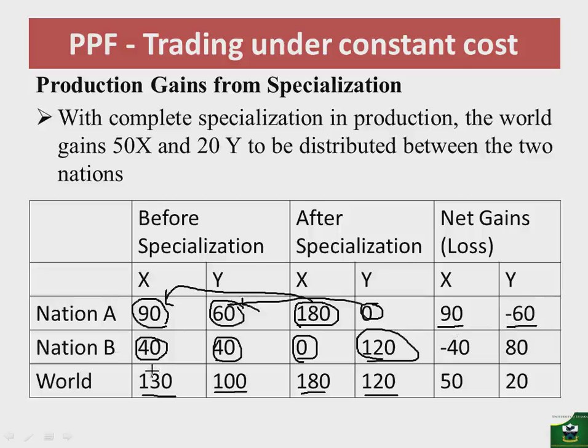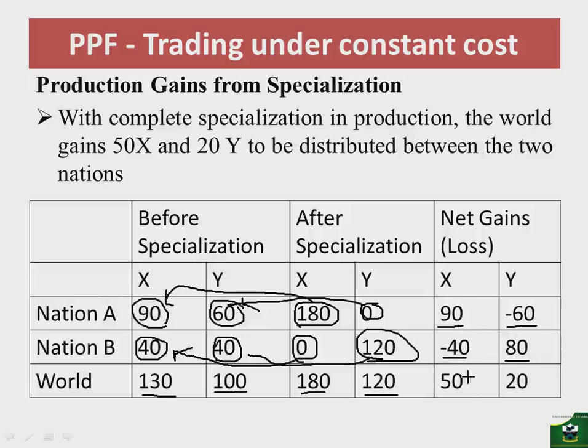We come down to nation B. For nation B, after specialization, for X, 0 minus 40, we will have negative 40 as the gain, and for Y, after specialization, we have 120, so we subtract 120 minus 40, we will have 80 units.